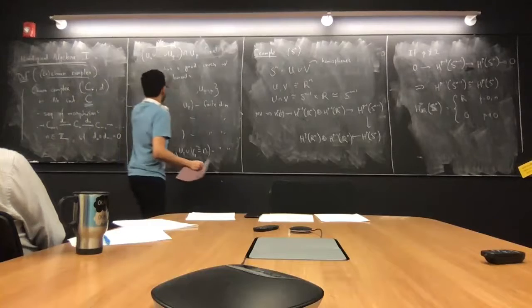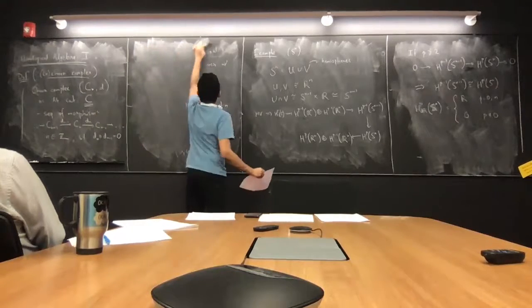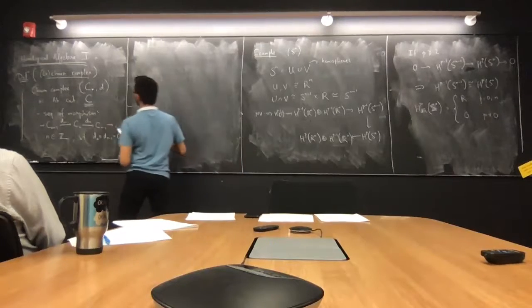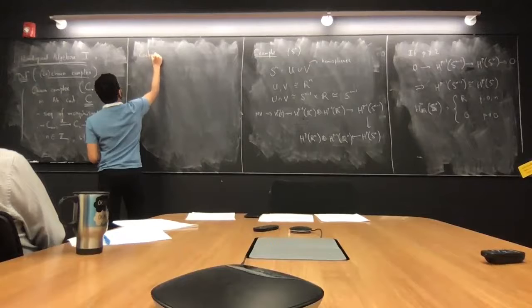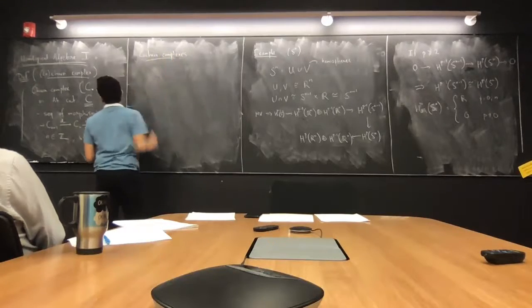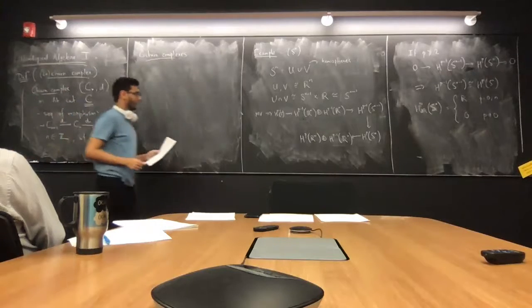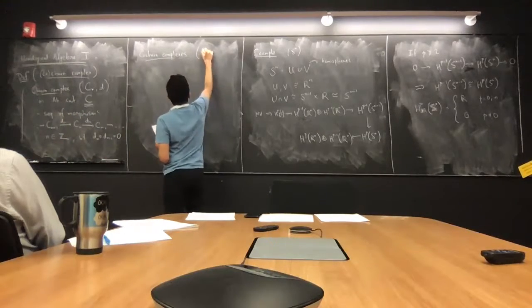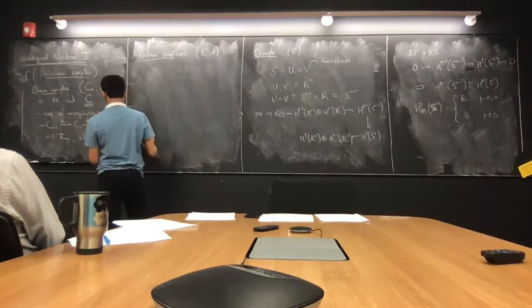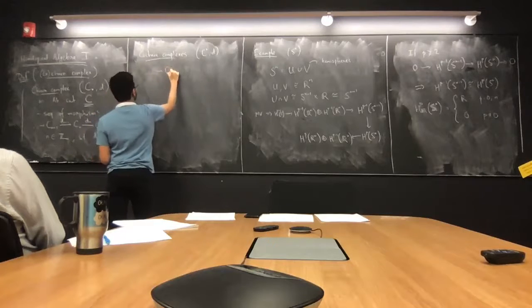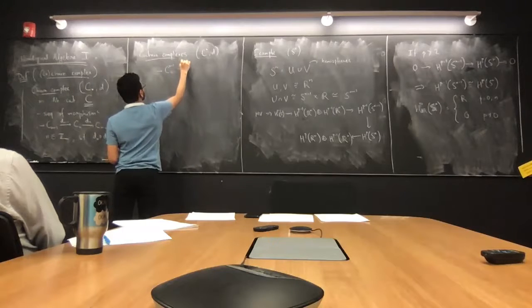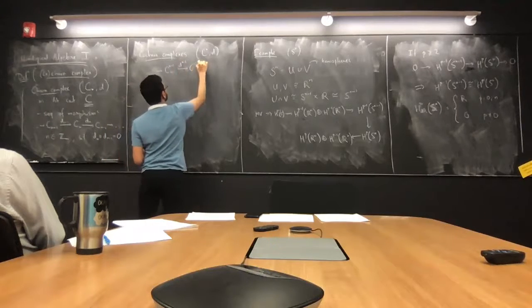Similarly, we also have cochain complexes, which really are not any different from chain complexes, but we still define them separately. Which is the sequence C^{n-1}, d^{n-1}, C^n, d^n.